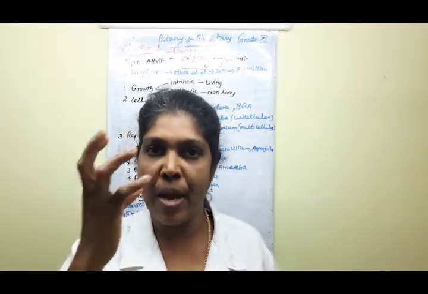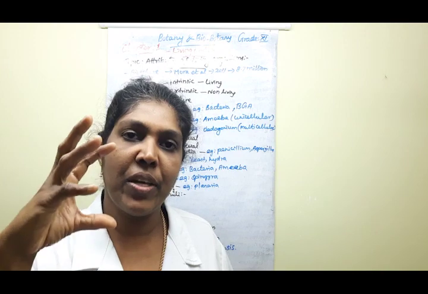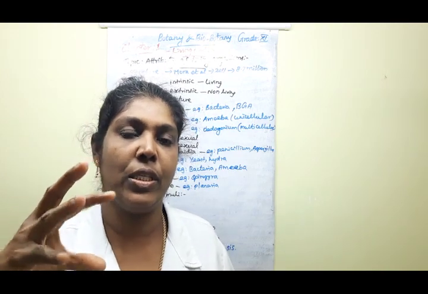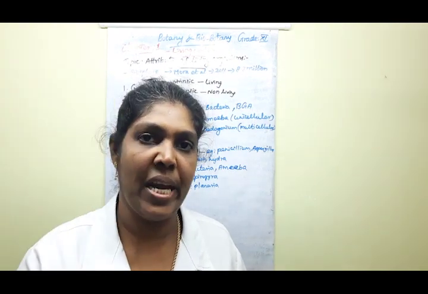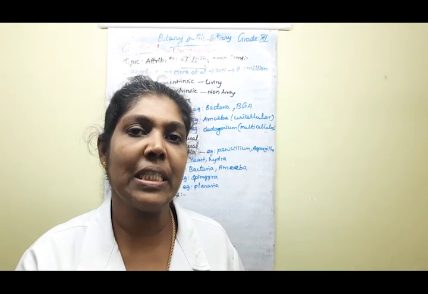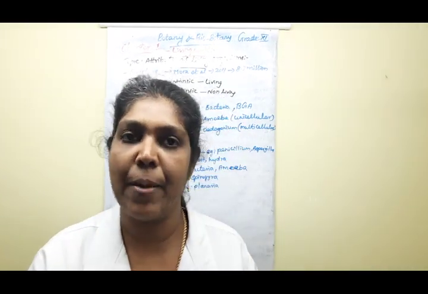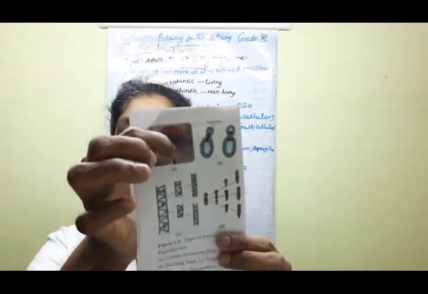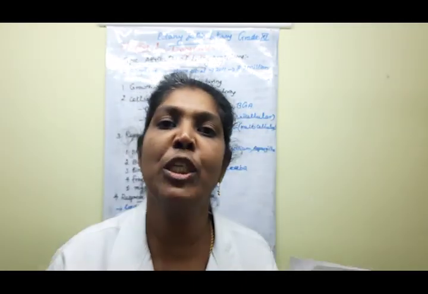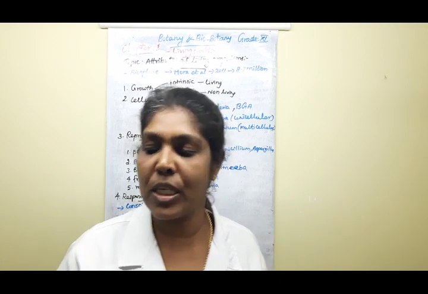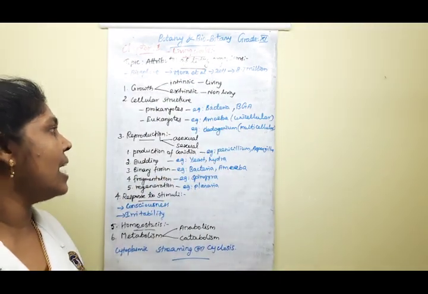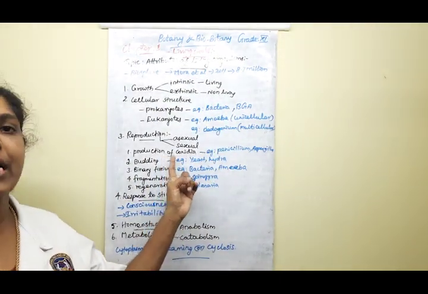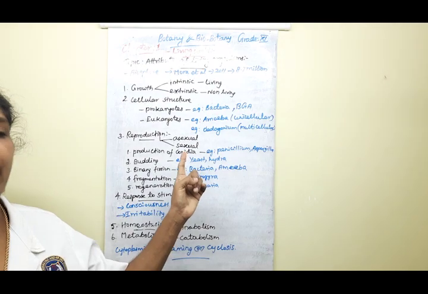Production of conidia means conidial formation, which is one of the reproductive structures. Mostly they are present in fungal organisms, for example Penicillium and Aspergillus. These are the species that show the production of conidia. Clear?